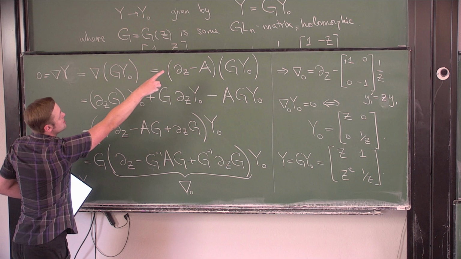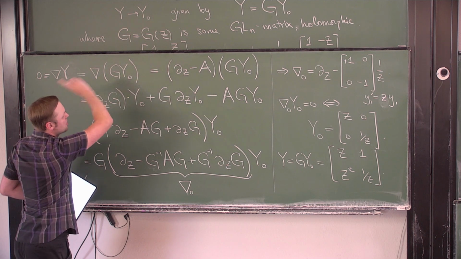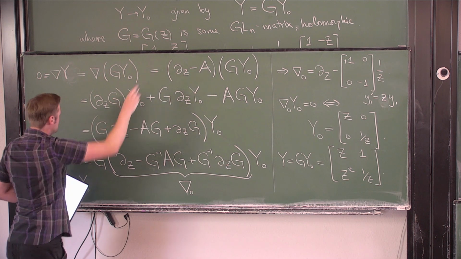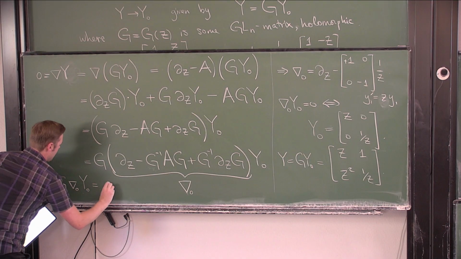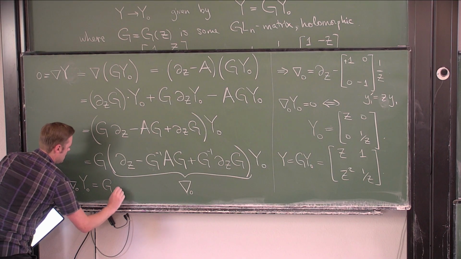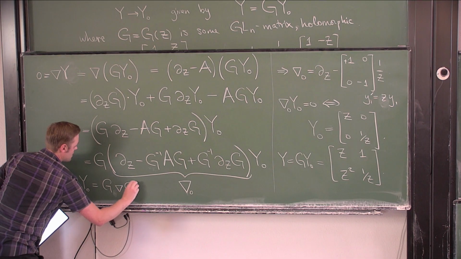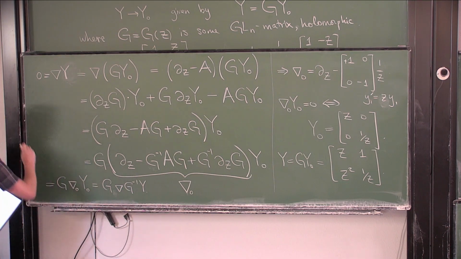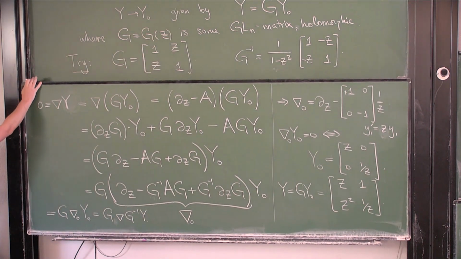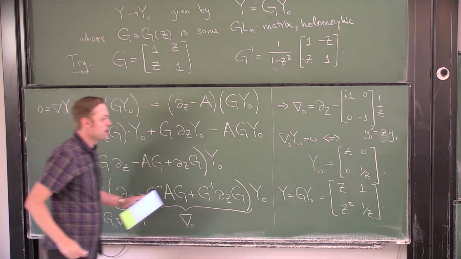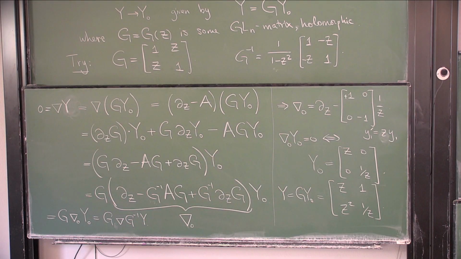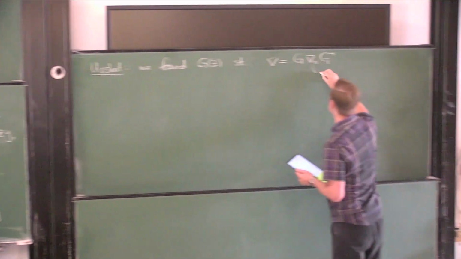But y naught is, if I multiply the left-hand side through on the left by the inverse, I can again rewrite this in terms of y. This is one of the many reasons why I insist that G is invertible. So the point is that we wrote it in terms of another system.